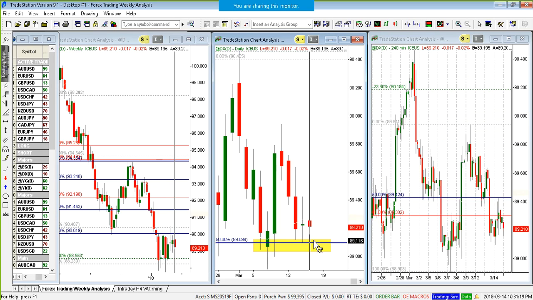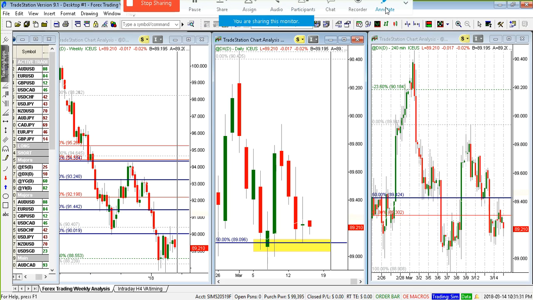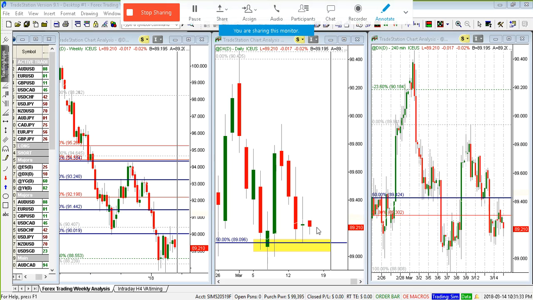That's the line in the sand for this reversal, if this is a reversal. And if 89.10 holds, then this market could be projected higher.